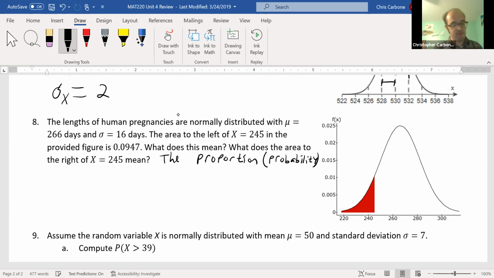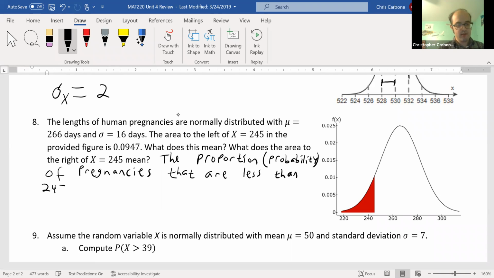Those could be used interchangeably. Of pregnancies that are less than 245 days.